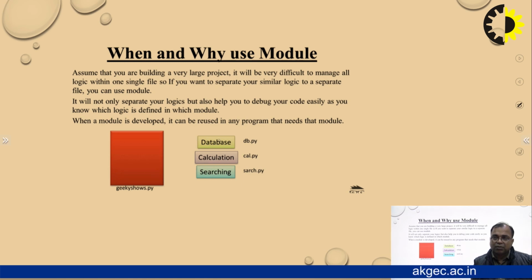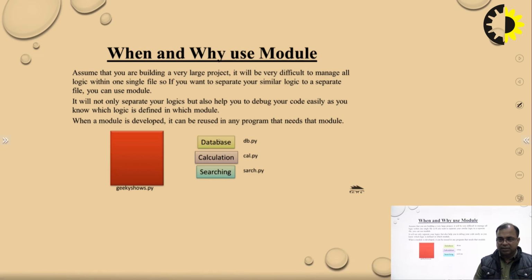We cannot manage the whole bank project in a single file. So we want to separate the modules into different files in a program, when we are creating software for the banking process.